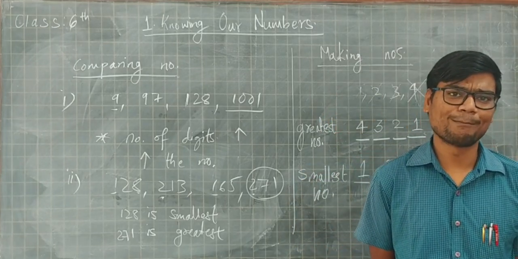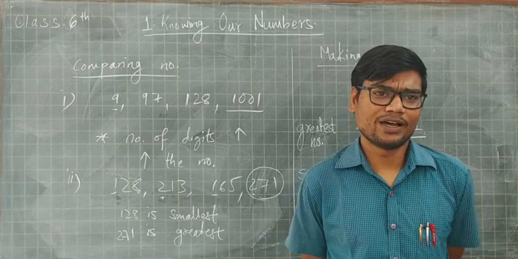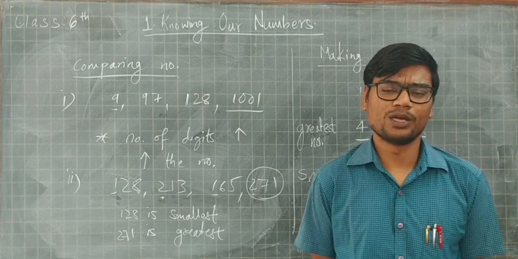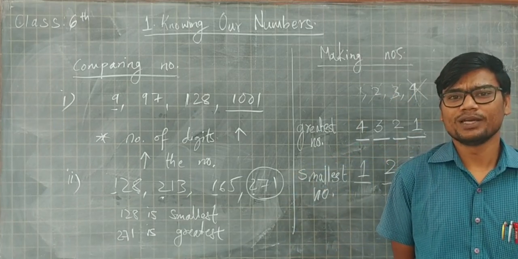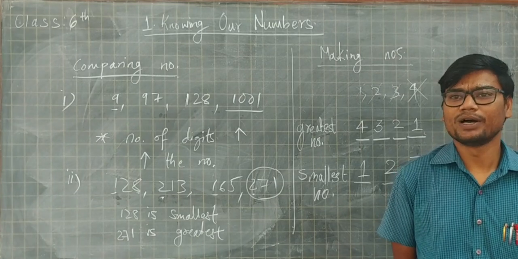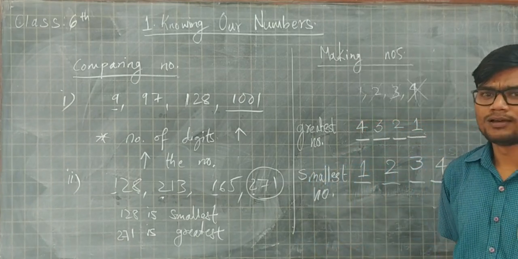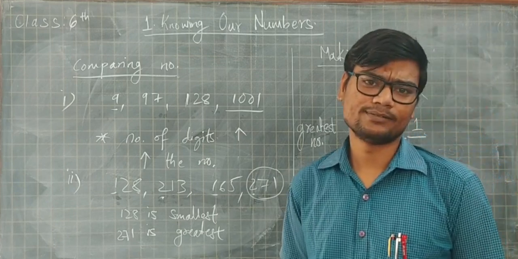The knowledge of comparison of numbers will help us to identify from where we have to buy the bananas. The shopkeeper who is selling the bananas for 30 rupees per kg, we will buy from him because he is taking less money. And of course, other factors can be counted.